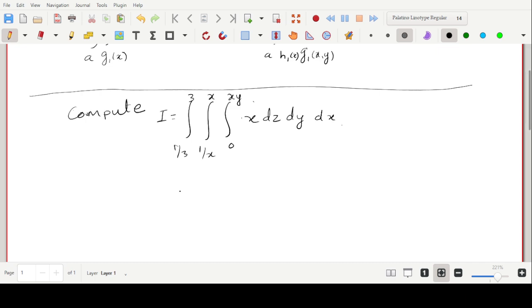Let me call it I. So I is equal to, so our method for finding out the integral will not change.